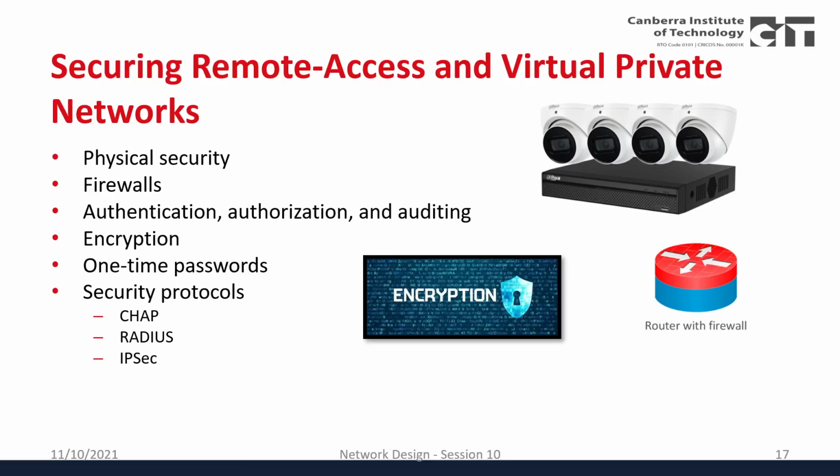Now, one thing I'd like to discuss here is the router firewall, the router with a firewall. Cisco has something called the zone-based firewall. A zone-based firewall is actually rules that you can implement in a router.